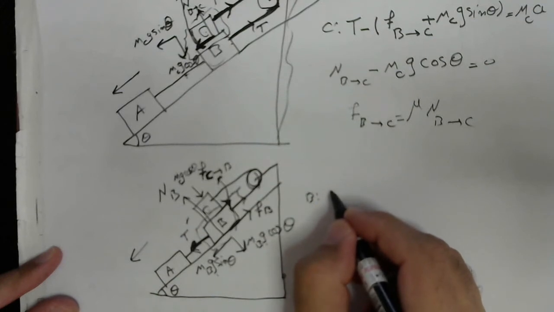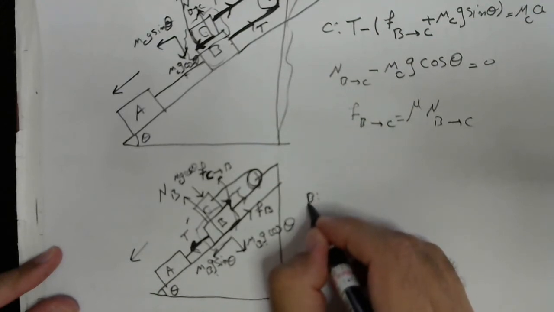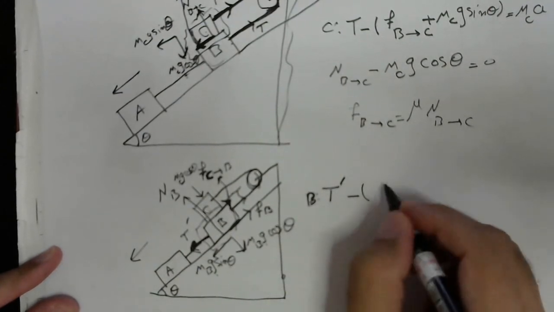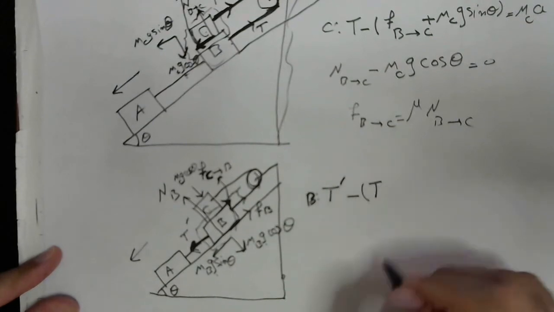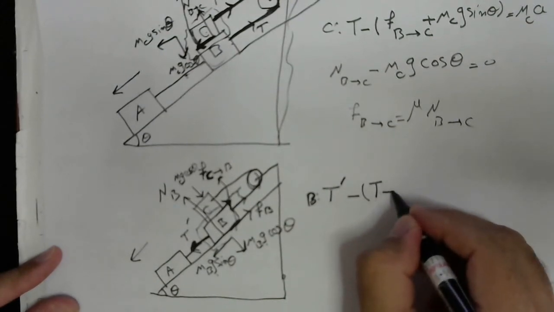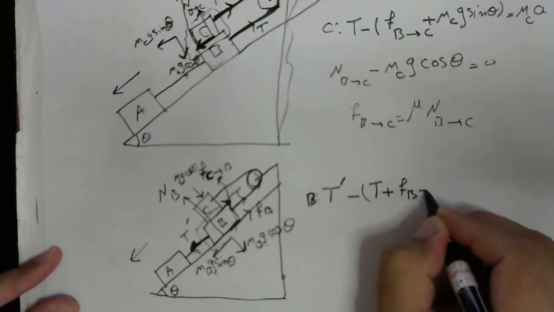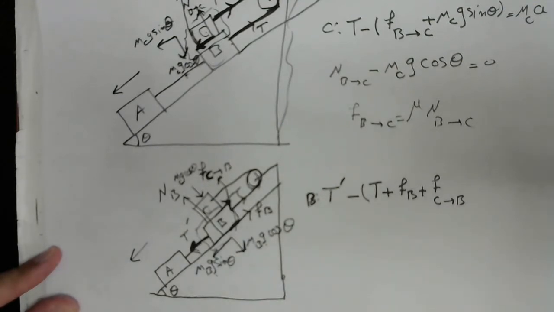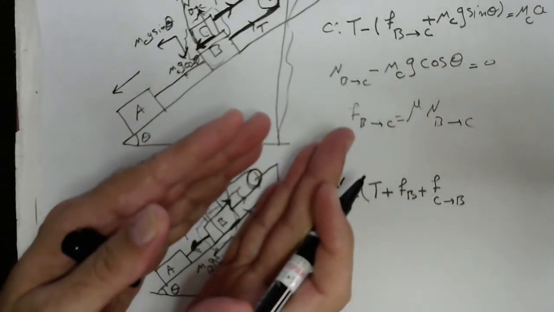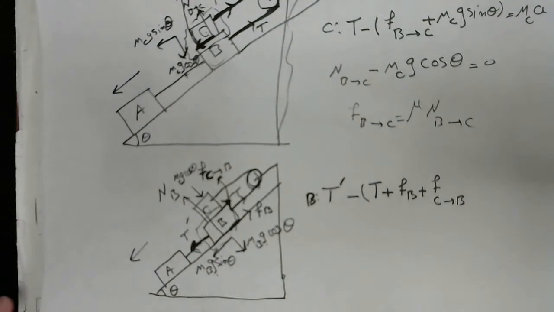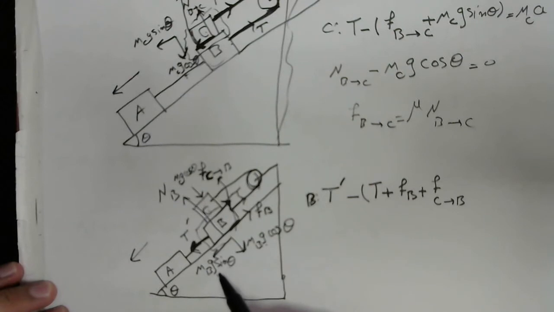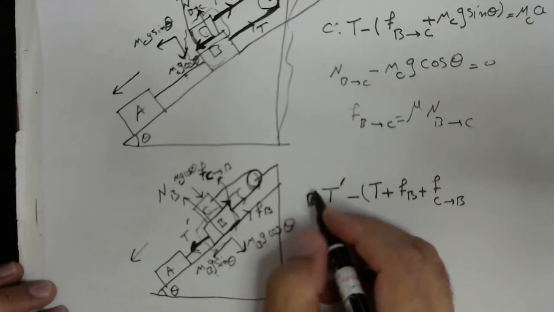So that being said, considering B as the system, T prime is the driving force minus T plus FB plus FC to B, two frictional forces stopping B from top and from bottom. They both want to stop B. But the MBG sine theta is basically a driving force.